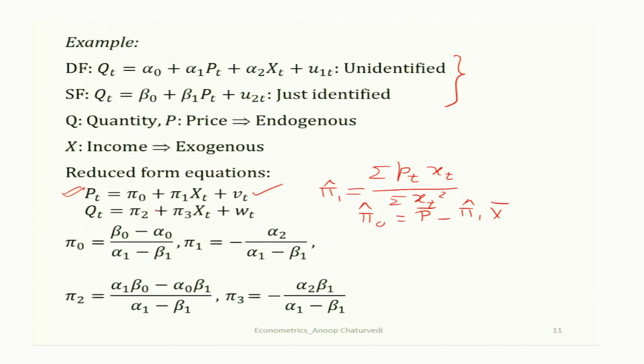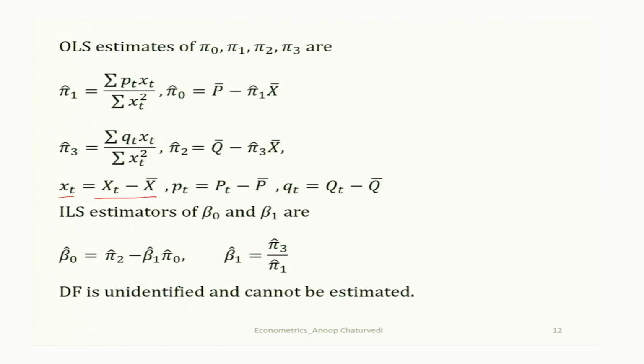Similarly, you can obtain the estimators of pi 2 and pi 3 also. So, ultimately we get these estimators of pi naught, pi 1, pi 2 and pi 3.